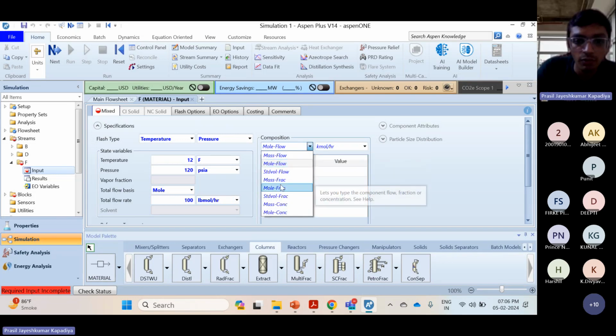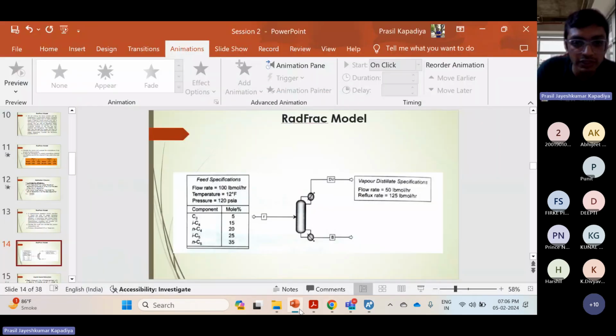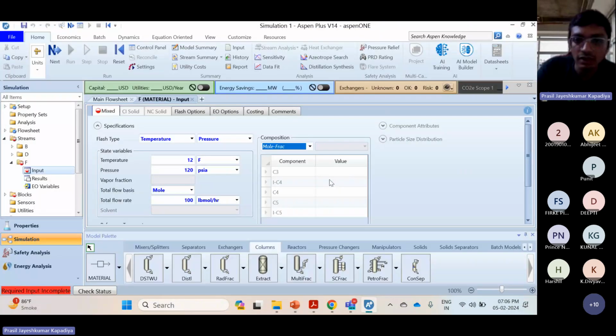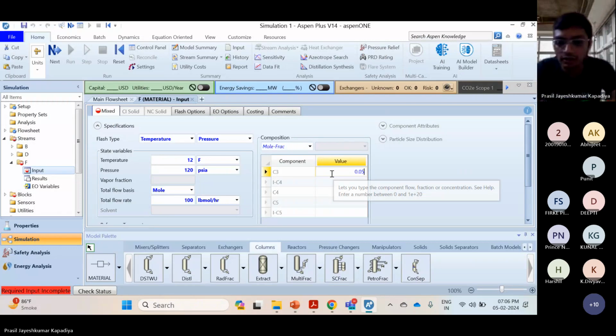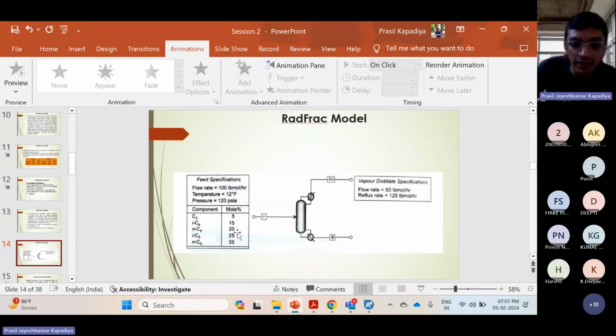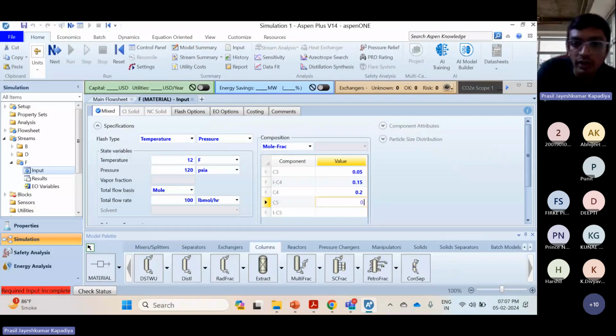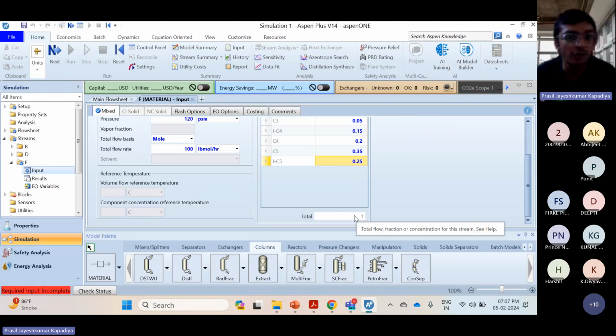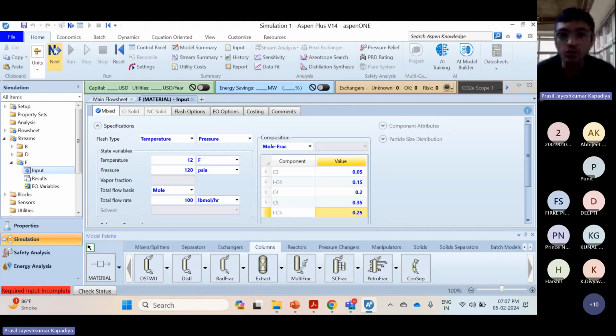And we'll be giving mole fractions. I guess mole fraction is given in the question. Now mole fraction 5, 15, 20, then isopentane is 25 and n-pentane is 35. So the total is 1. We are correct. Now let's go to next.